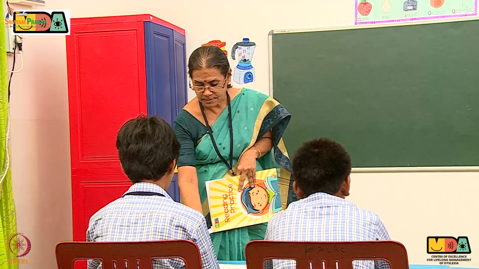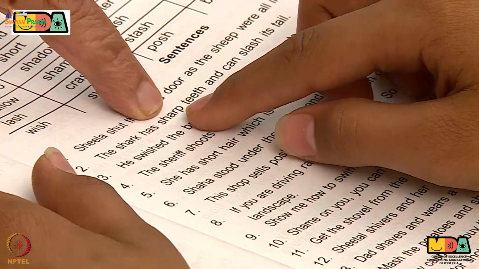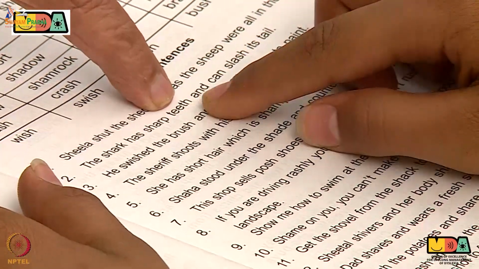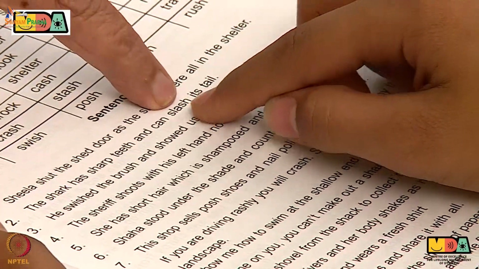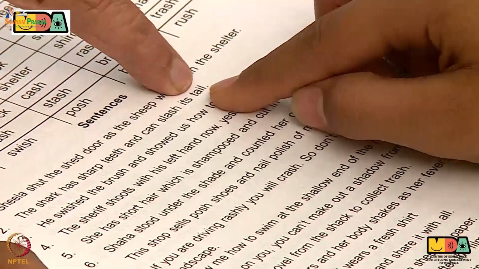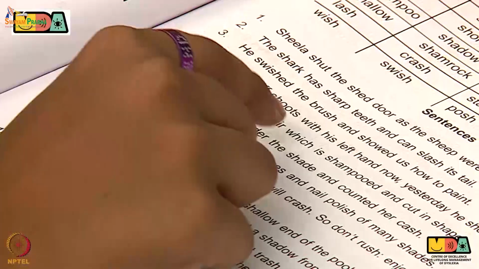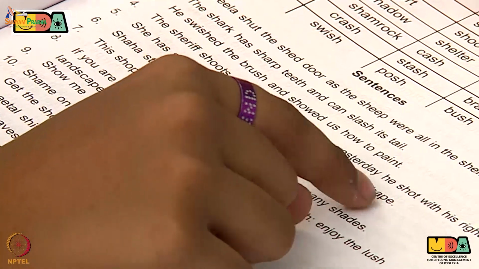The shark has teeth and can slash its tail. She has short hair which is shampooed and cut in shape.